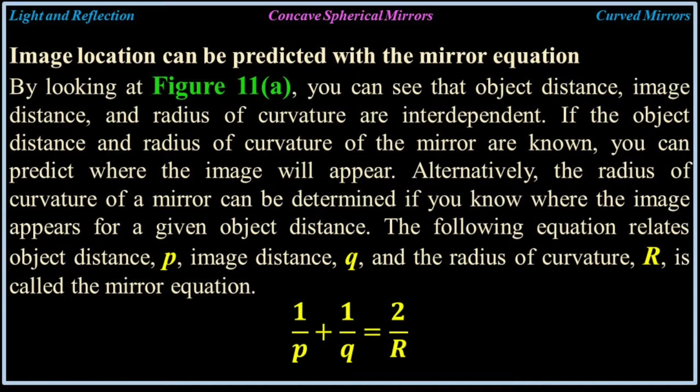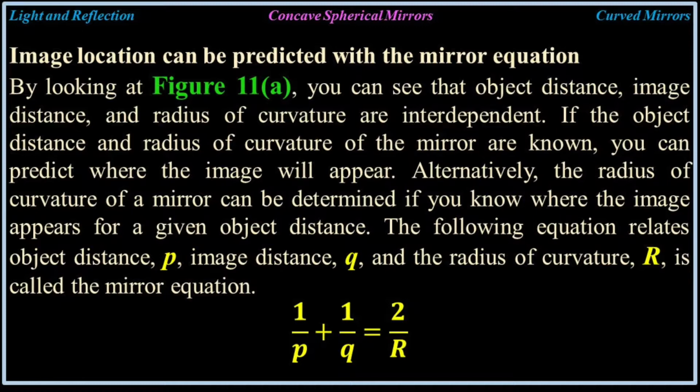Image location can be predicted with the mirror equation. By looking at figure 11A, you can see that object distance, image distance, and radius of curvature are interdependent. If the object distance and radius of curvature of the mirror are known, you can predict where the image will appear.